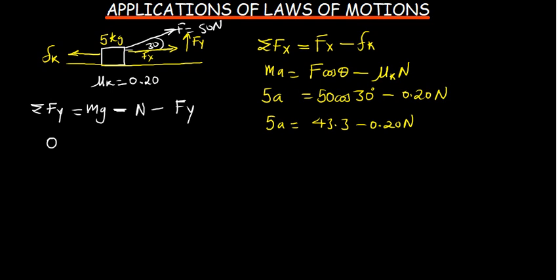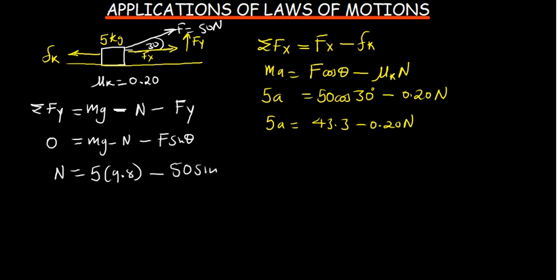And that will be equal to mg minus normal force minus Fy. How do you find Fy? It's given by F sin theta. I'm going to get this N, take it the other side, it is going to become positive N, and that will be equal to mg minus F sin theta. Now m, we know that is 5, g, that is 9.8, and then minus F, we know that is 50, sin theta, theta is 30.